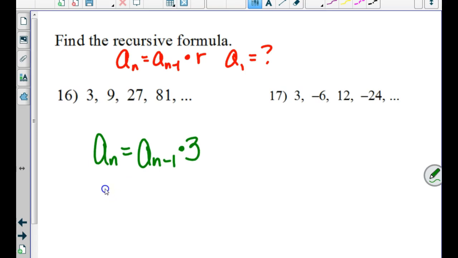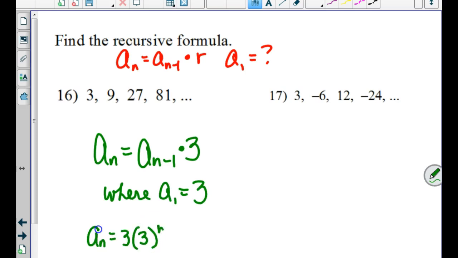That's how I always say it to myself, where a sub 1 was also 3, yes. So if you were writing the explicit for this one, it would be 3 times 3 to the n minus 1. Could you simplify that?